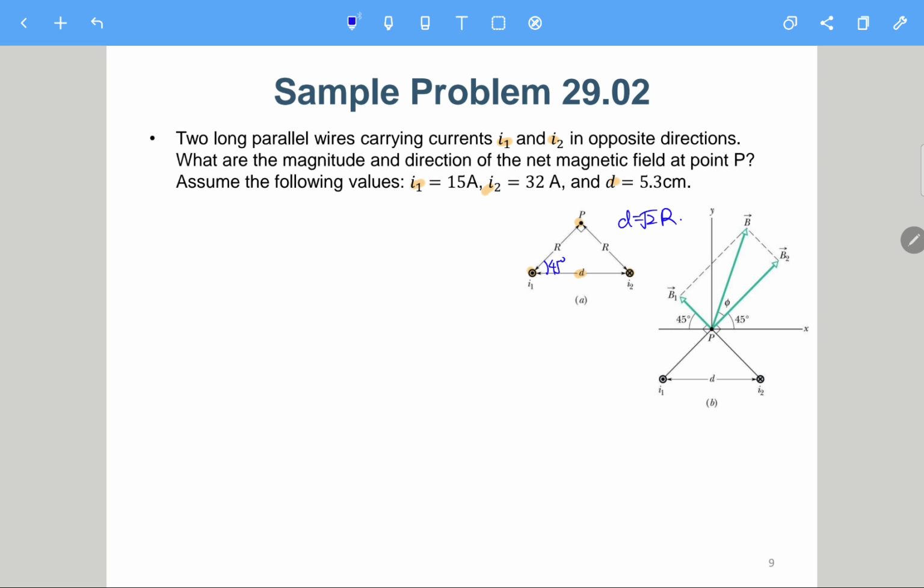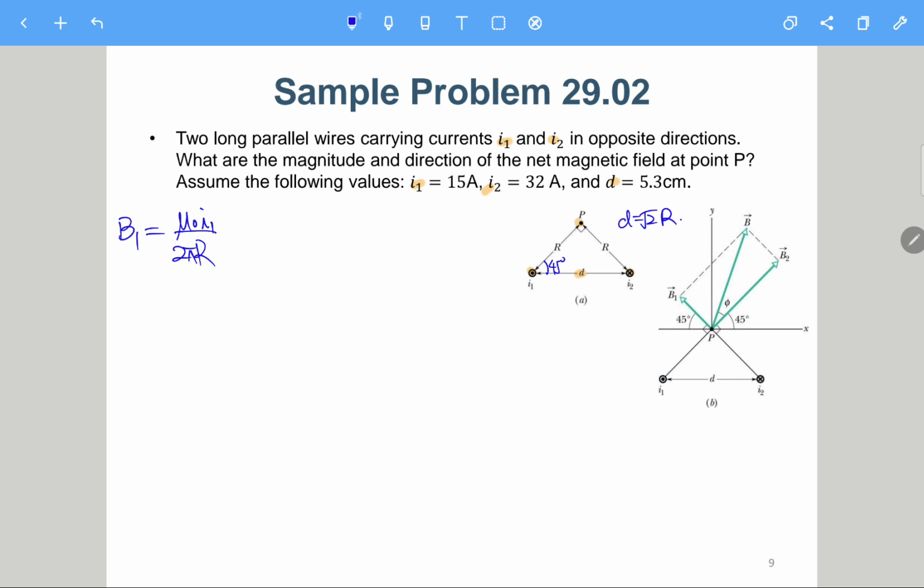So first we need to determine B1 and B2. B1 is from the current going out of the page, and it is a long straight wire, so B1 is nothing but mu 0 I1 over 2 pi capital R, for a long straight wire.